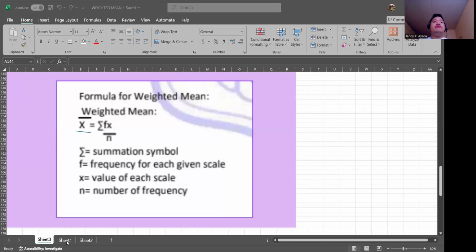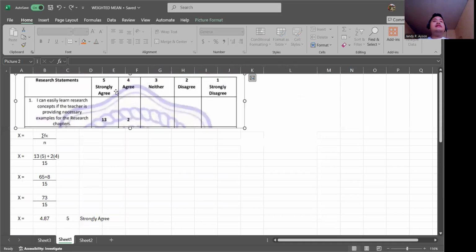So, let's identify. In this table, pag nakita nyo siya, okay, let me use some tool here. Itong mga to, yan.